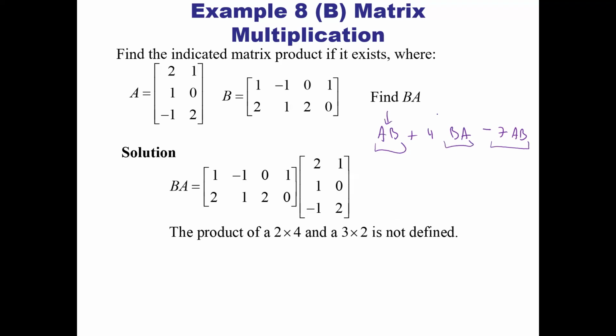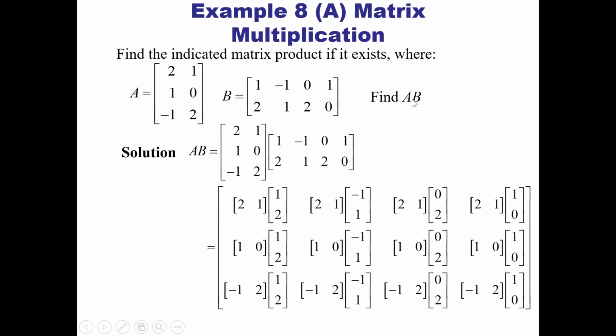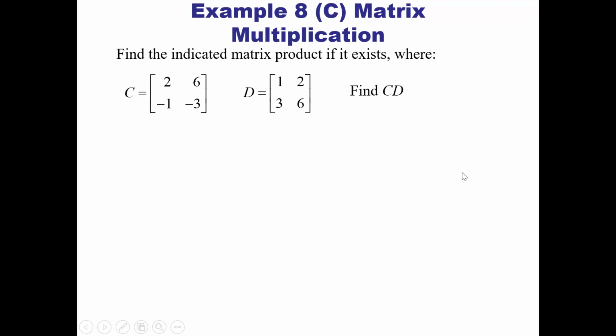So before you start, make sure each piece is doable before you actually do any work, because sometimes it won't be doable. And because that one's not doable, the whole thing's not doable. So then you're done. That's a key reason why: we saw that this one was doable, but this one's not. And if you had to do that whole thing, that middle piece not being doable makes the whole problem not defined.